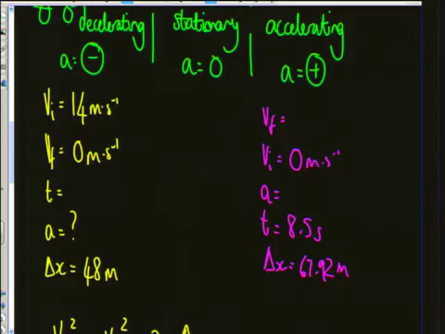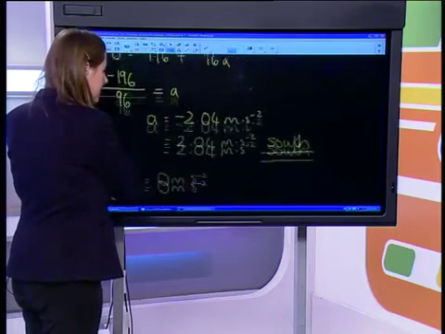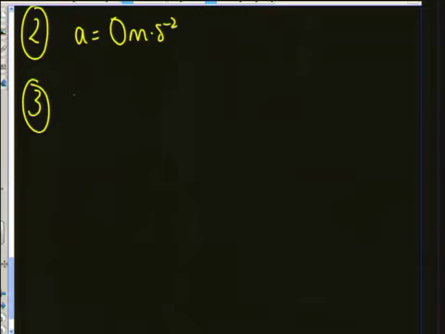Do I have enough information? Yes, I do. I can substitute with those ones. So let's write an equation. We can have here delta x is equal to VI times t plus a half A t squared.